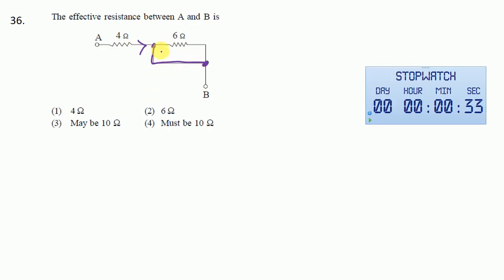Because they are joined by a wire and in between there is no resistance, this point and this point are at same potential, and this has no resistance. The current will have an alternate path. Why would it choose this path when it has a least resistive path?